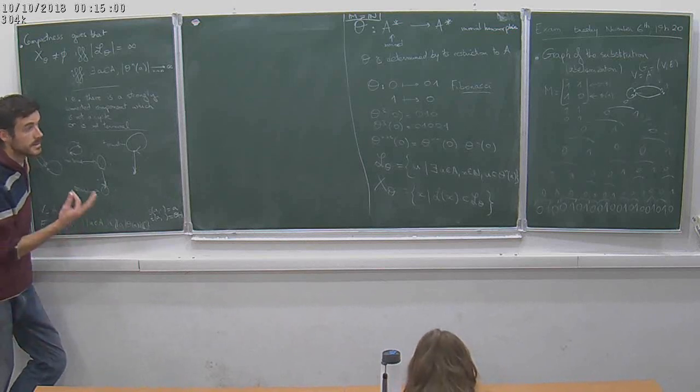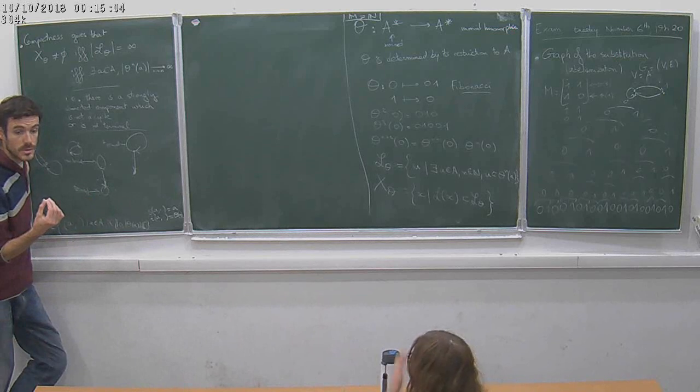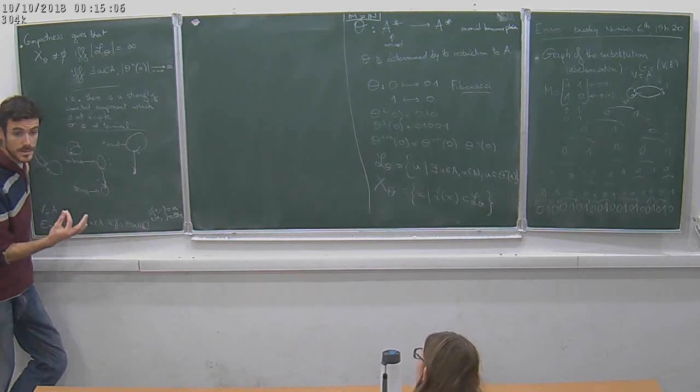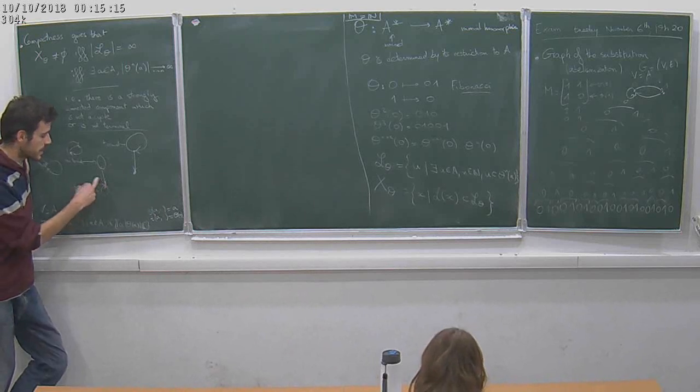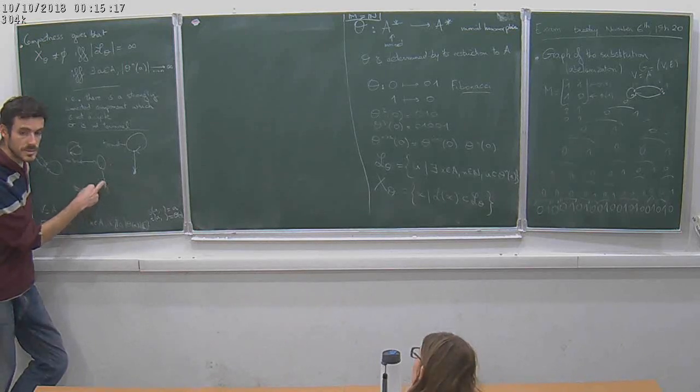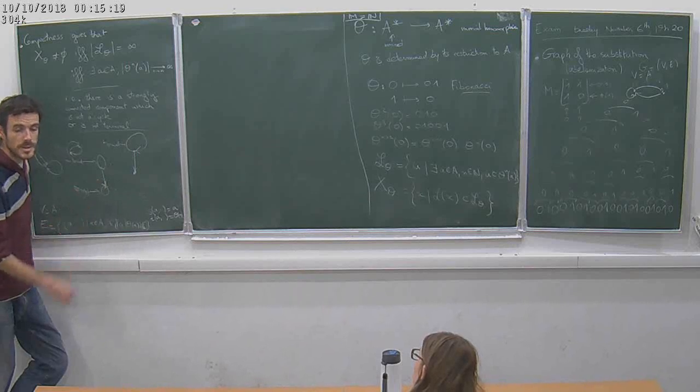So theta admits a restriction to this subalphabet, more precisely to the monoid generated by this subalphabet. So here you have a substitution over a smaller alphabet, which is defined.